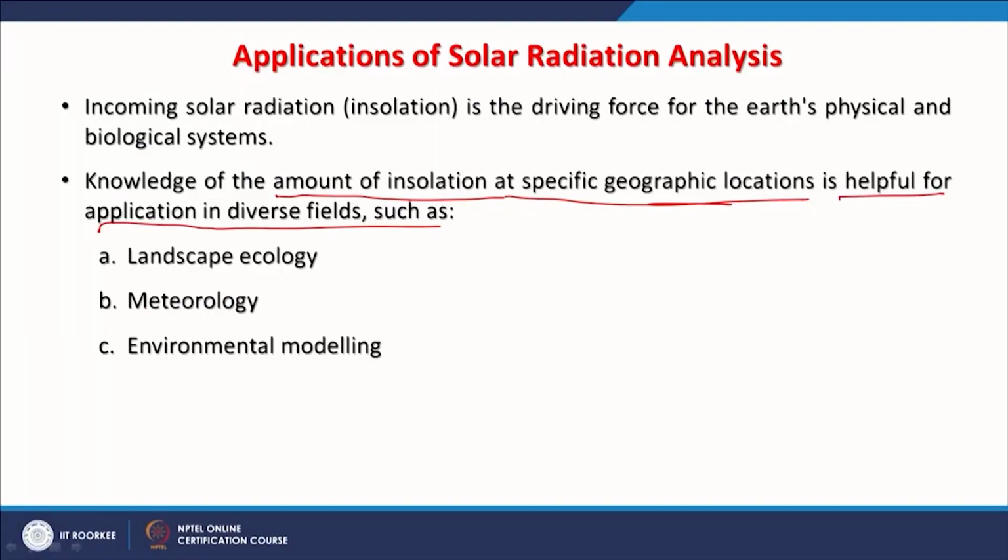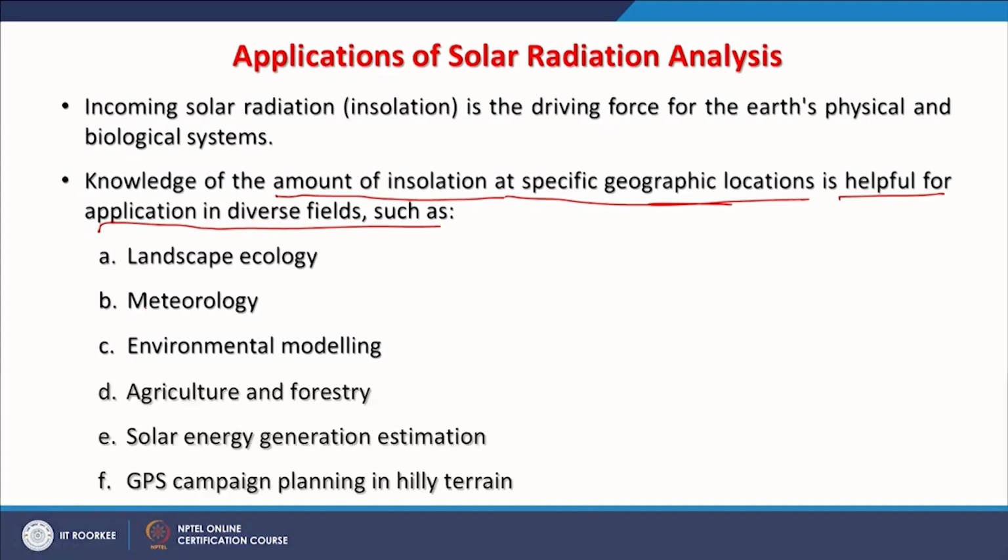So, the applications are in landscape ecology, in meteorology, even in agriculture, because for agricultural practices you require sun. If somebody is developing a farm in a hilly terrain where topography can create hindrance, then that modeling can also be done. Of course, environmental modeling, agriculture, forestry I have just mentioned, and solar energy generation estimation.